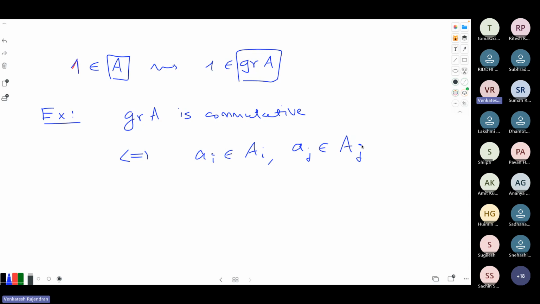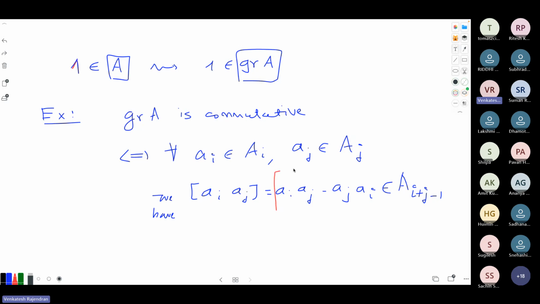But then if you want it to be commutative, look at the commutator a_i a_j minus a_j a_i. This should lie inside A_{i+j-1}.